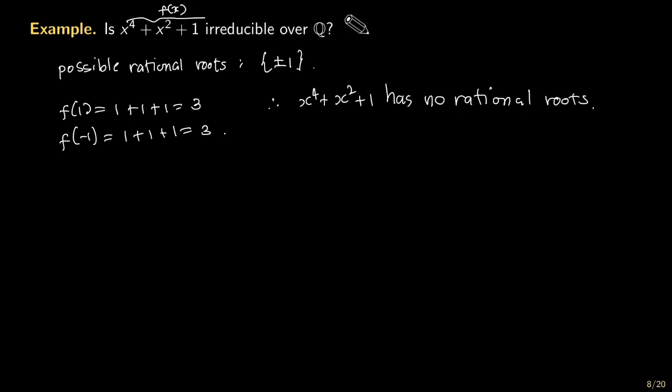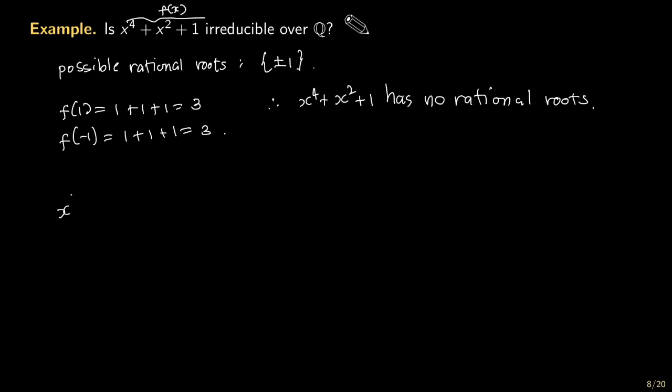Question: is it irreducible? Well, the previous theorem is no longer applicable. If the degree of the polynomial is more than 3, it is possible that a polynomial has no rational root, but still it is reducible. How can that be possible? In fact, this polynomial in this example is a reducible one.